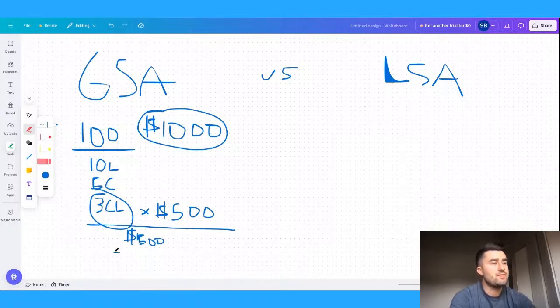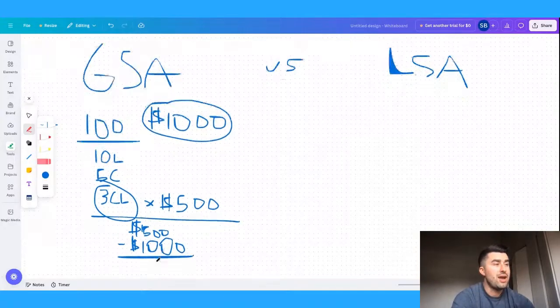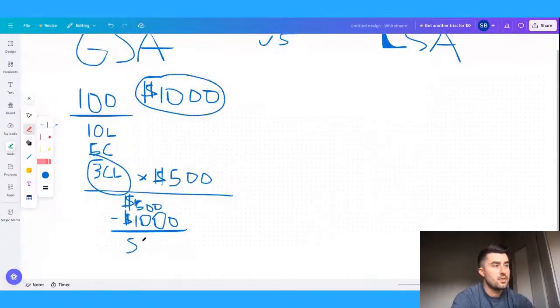But then you also have to factor in the $1,000 that we spent already on the ads. So not including the service, maybe it is to pay a tech, your profit is 500, right? So $500 profit.